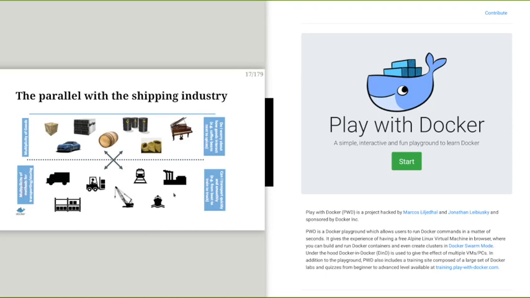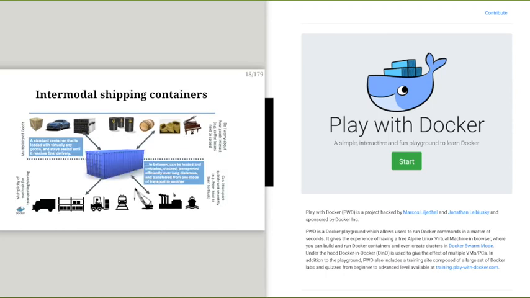How the shipping industry solved this was with containers, physical containers. These containers are very standard, so we can stack them all in a big ship and send them anywhere, and we don't worry about taking care of the containers because someone else took care of putting the things inside. We just take care of moving the containers from place to place.